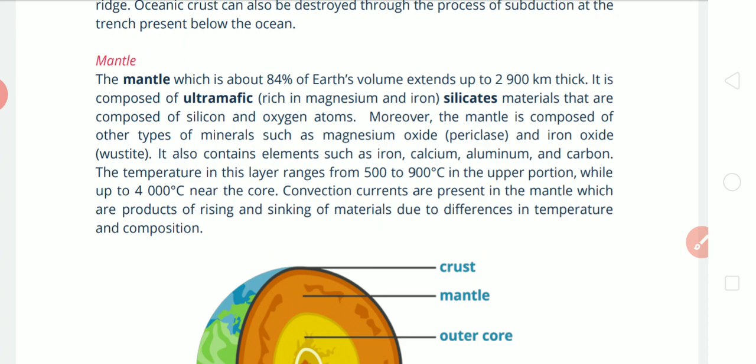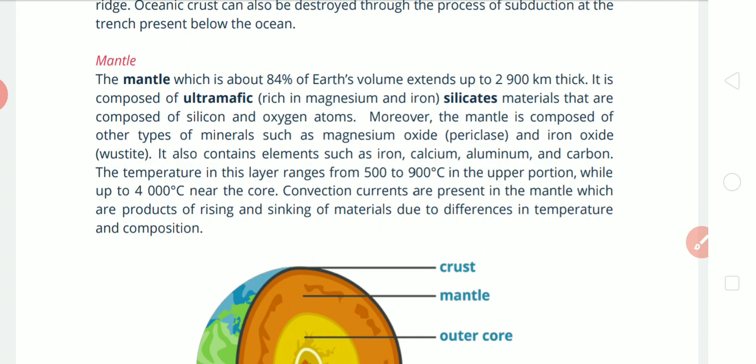The temperature in this layer ranges from 500 to 900 degrees Celsius in the upper portion, while up to 4,000 Celsius near the core. So that means the deeper you go, the more the temperature of the Earth increases. So the inner core has the highest temperature among the different layers of the Earth.